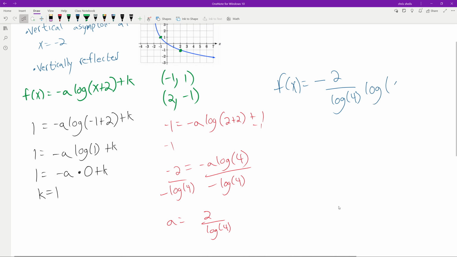Log of x plus 2 plus 1, or because this is a change of base, I could write this function as f of x equals -2 times log base 4 of x plus 2 plus 1.